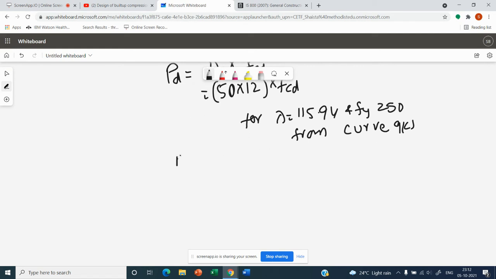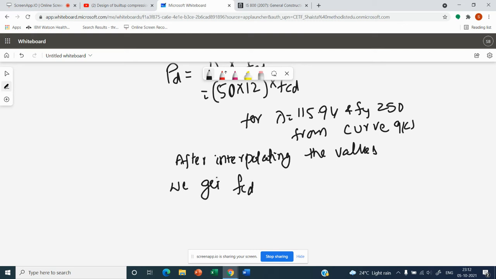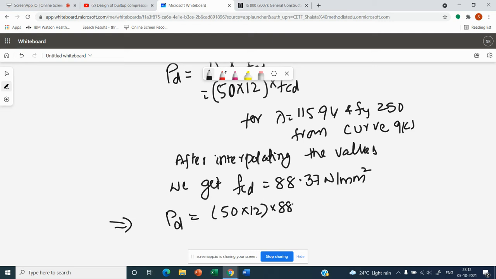From curve C, after interpolating the values, we get fcd as 88.37 Newton per mm square. So this you have to substitute in the Pd, sorry, design strength of the lacing bars. So area was 50 by 12 and stress is 88.37.